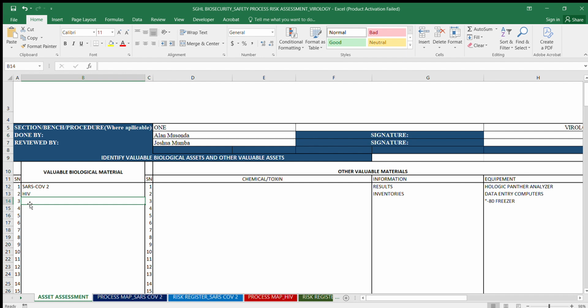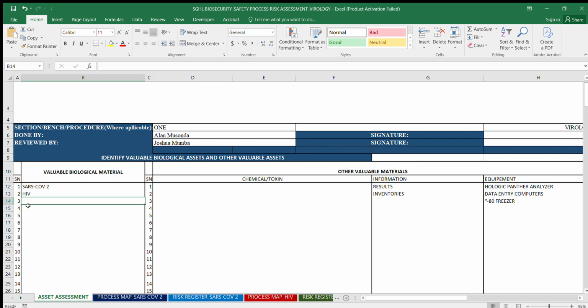So we're going to look at how you do the asset assessment. Then we are also going to look at the vulnerabilities. After we do the asset assessment, we do the vulnerability checks. Mostly we are checking the 5 pillars of biosecurity, and we're going to look at that after the asset assessment.